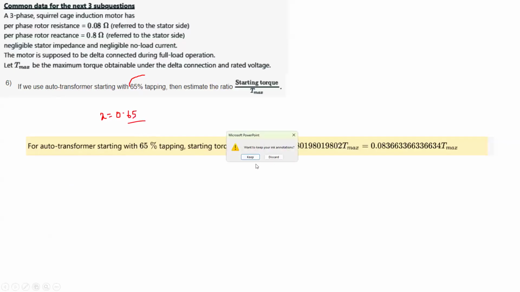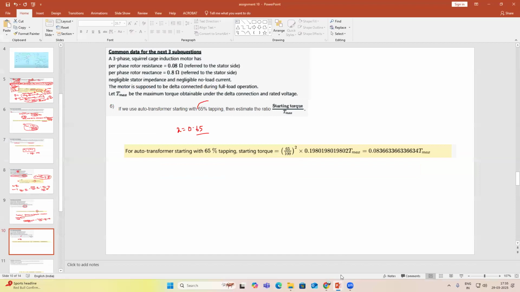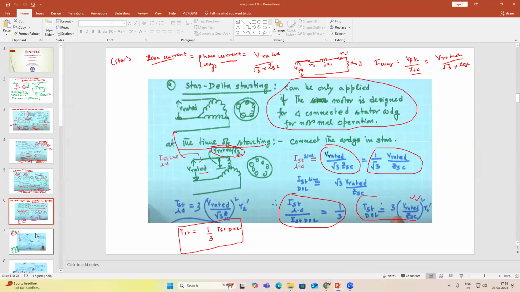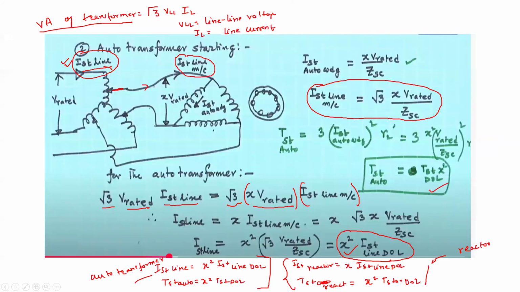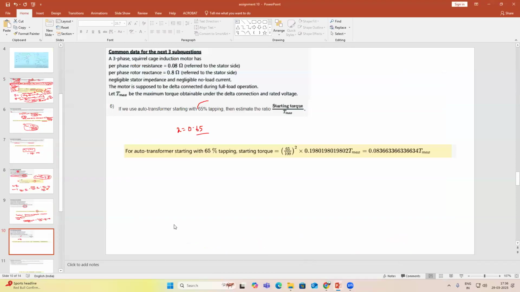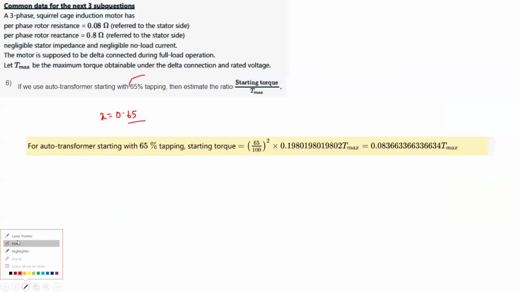So if you go back, let us see what is the relation between the torque of the auto transformer starting method and direct online starting. You see, torque of auto transformer starting is x square times the starting torque of DOL. So ultimately, what we want is T starting auto transformer by T max.